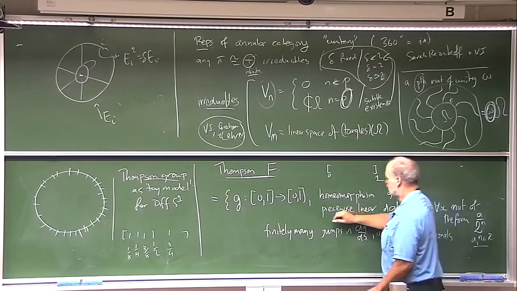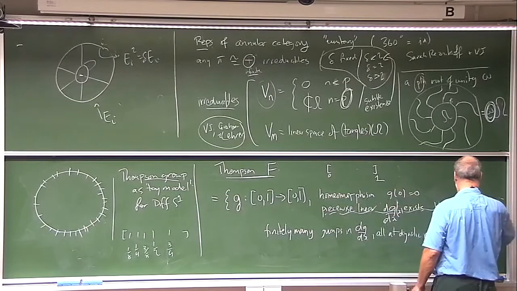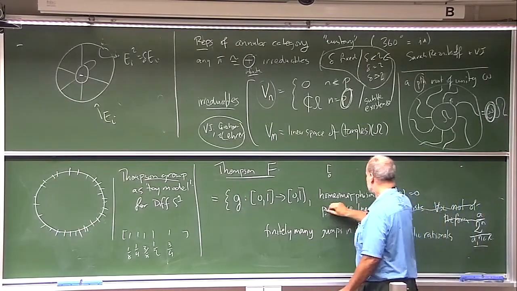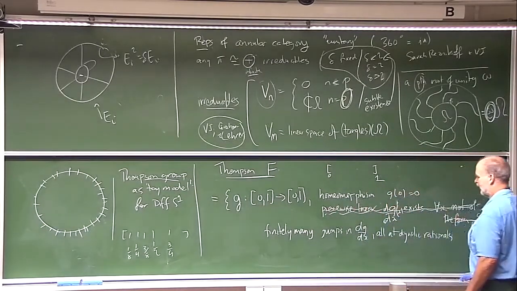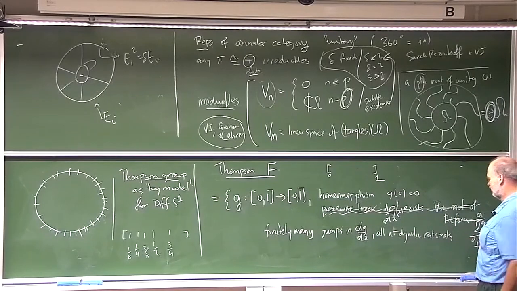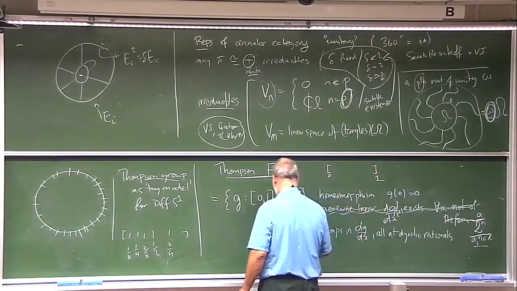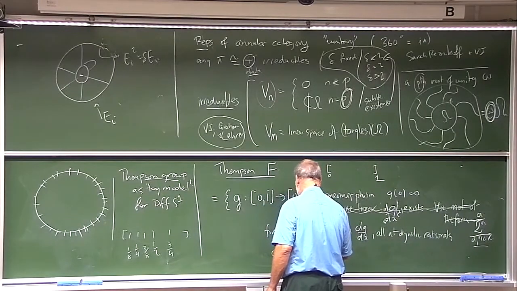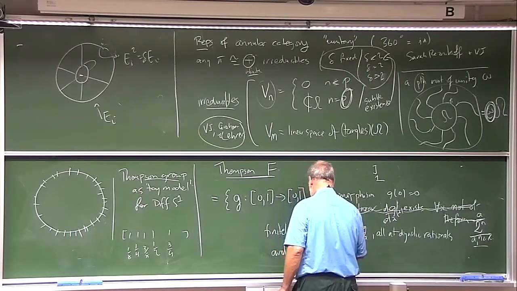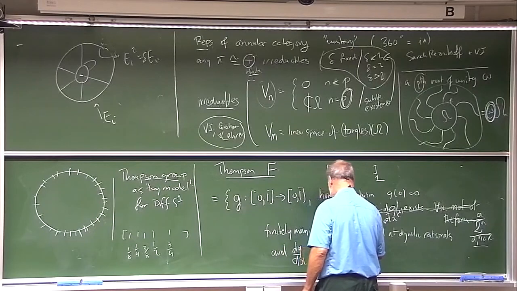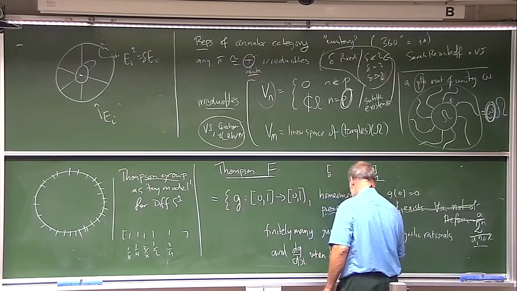So maybe this is a better way of saying it. Cross that out. It doesn't matter if I say it twice anyway, because the concept has to get across. And the g'(x), when it exists, is a power of 2.